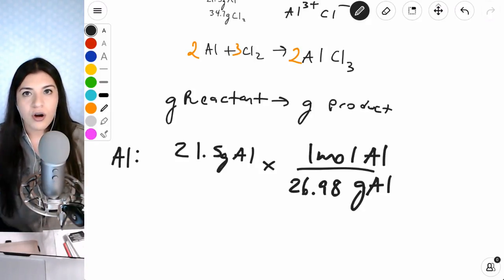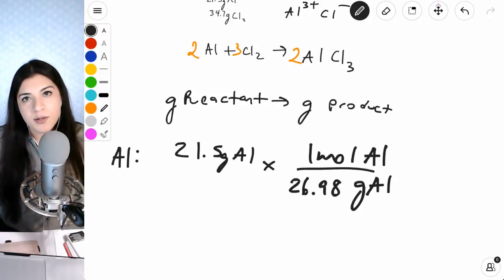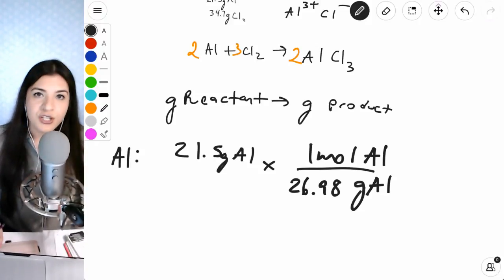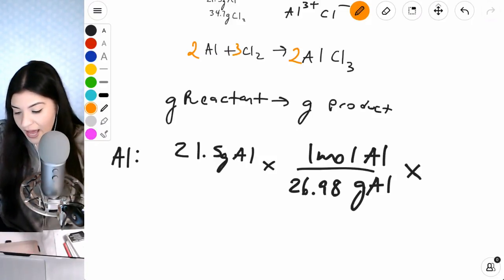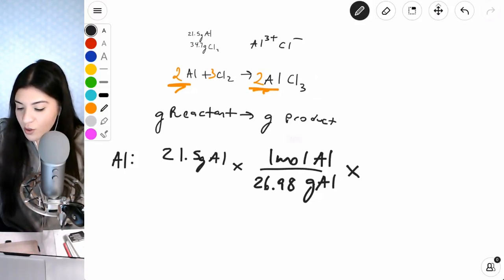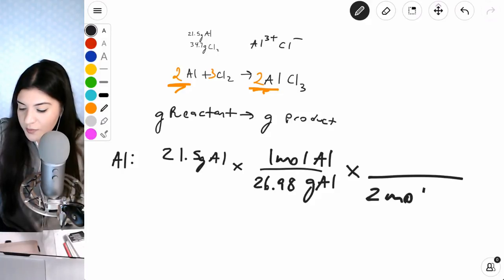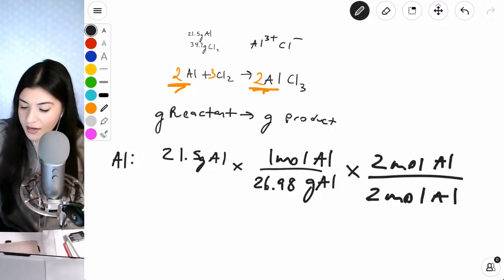Now, since we want to change our compound altogether, instead of aluminum, we actually want the product of aluminum chloride, we'll use a mole ratio from our balanced equation. There's 2 moles of aluminum per every 2 moles of our product, aluminum chloride. So I'll put 2 moles of aluminum on the bottom so they can cancel, and 2 moles of aluminum chloride on top.